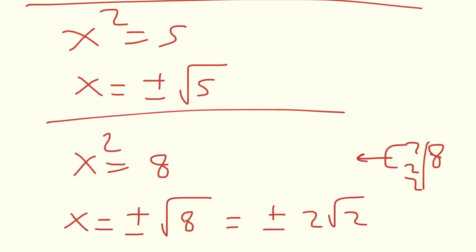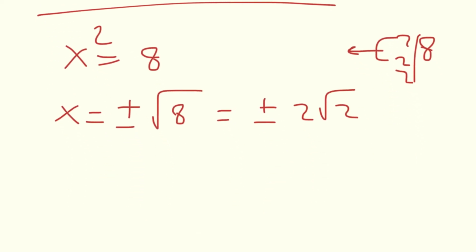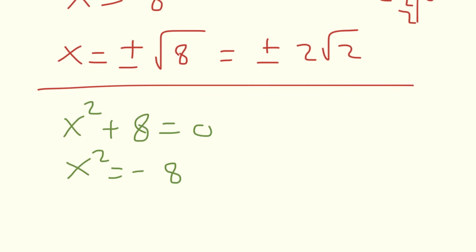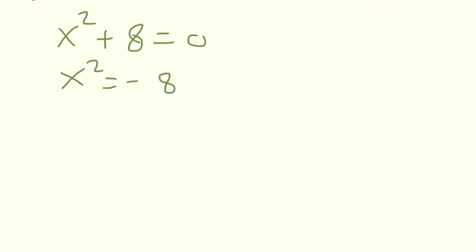What if I have a negative value? What if I have x squared plus 8 equal to 0? So x squared equals minus 8, and then x is plus or minus the square root of minus 8.